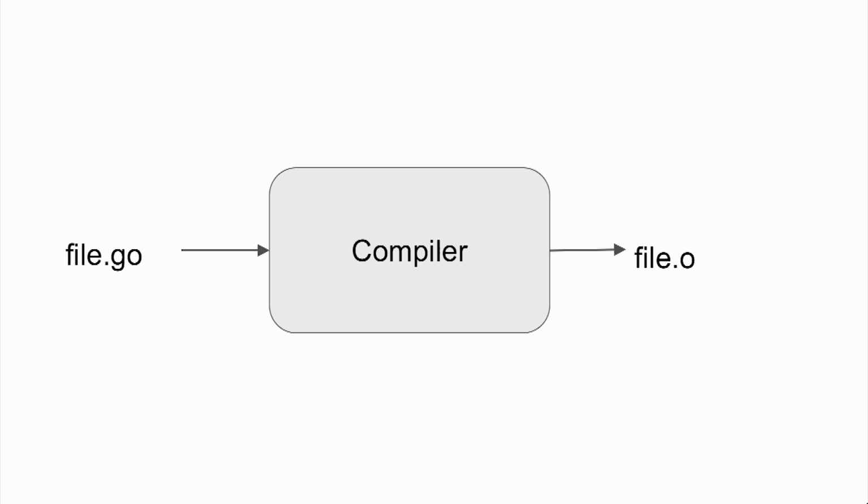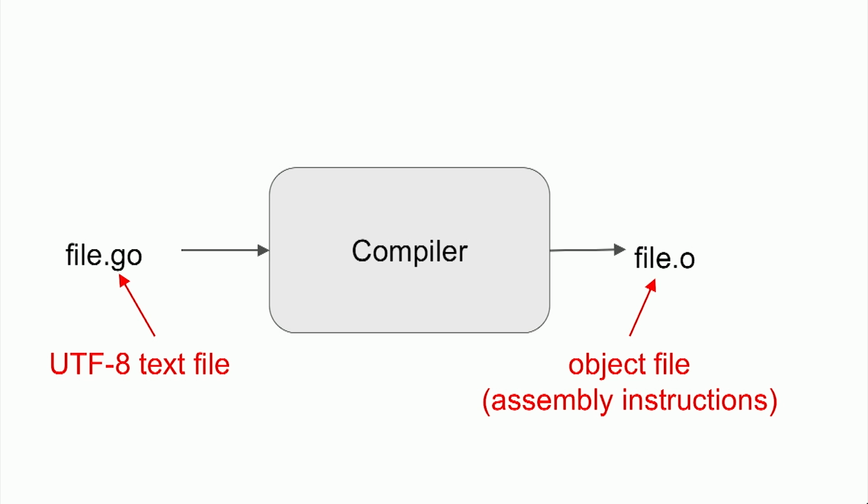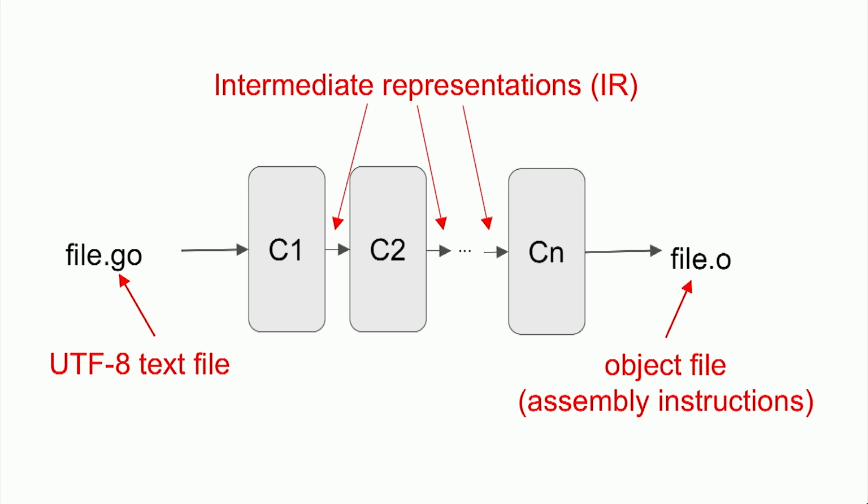So here's the 30,000-foot view of what a compiler does. The compiler takes your Go code as input and generates an object file as output. The input to the compiler is a UTF-8 text file. The output is an object file, which is effectively a container for assembly instructions. And that's what the compiler looks like from really far away. But if you actually get down and look inside the compiler, it's not this big monolithic program.